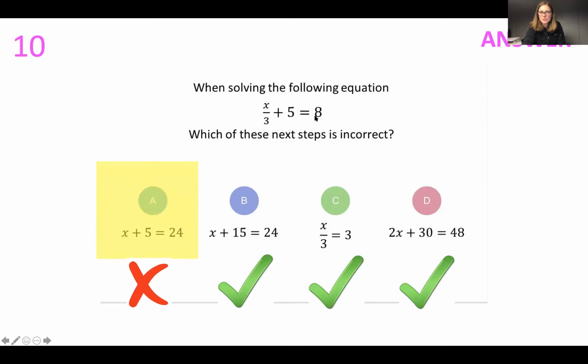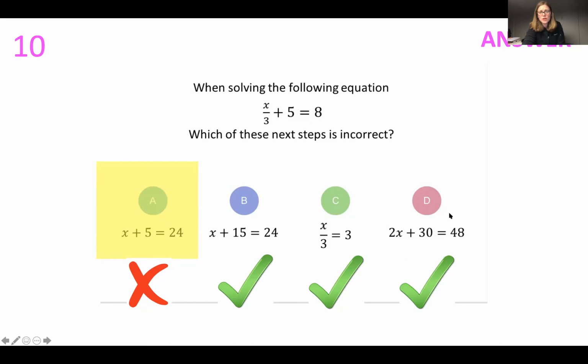And 8 multiplied by 3 is 24. So you would end up with this one, which is B. I wouldn't suggest you do that. I would subtract 3 from both sides first. So I would end up with x divided by 3 equals 3. Subtract 5 from both sides.